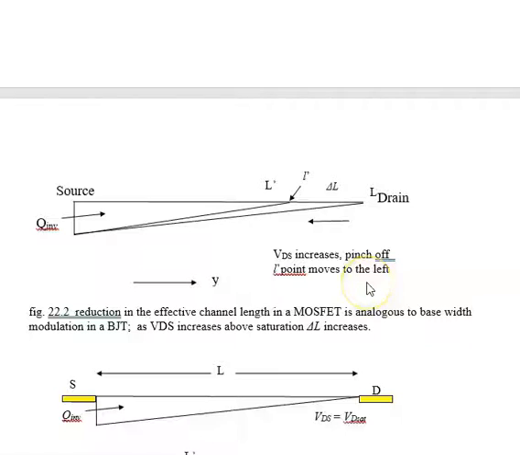So we have exactly the same issue with MOSFETs. In MOSFETs, if we have VDS, which is the output voltage, if we have VDS at VD sat at the drain, then the pinch-off point, the point where the inversion charge goes to 0, would be at the drain.